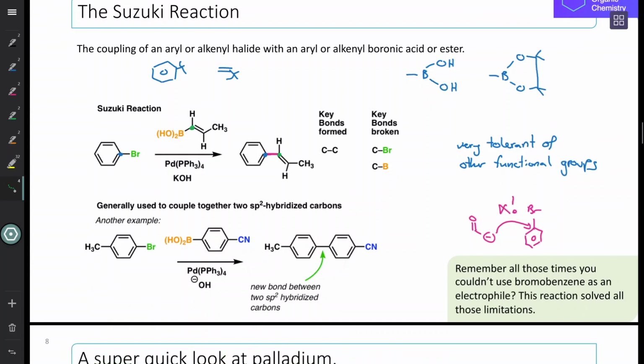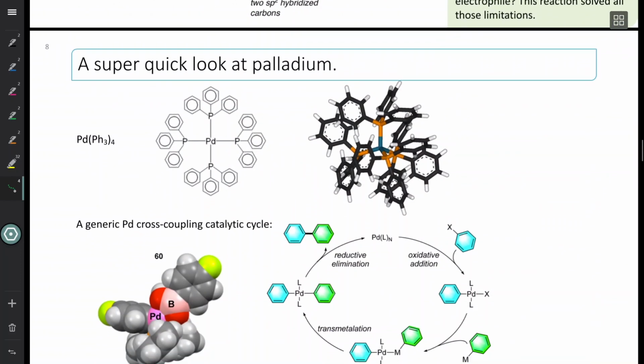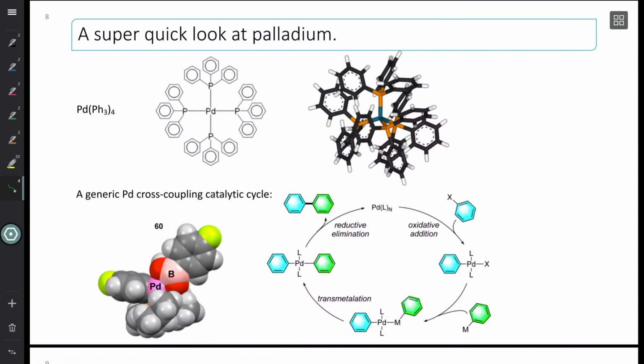Okay, so how does palladium do this? This is a really quick intro, but this is the stuff that organometallic chemistry and inorganic chemistry will teach you. So if you keep going into more advanced classes, you'll see this.